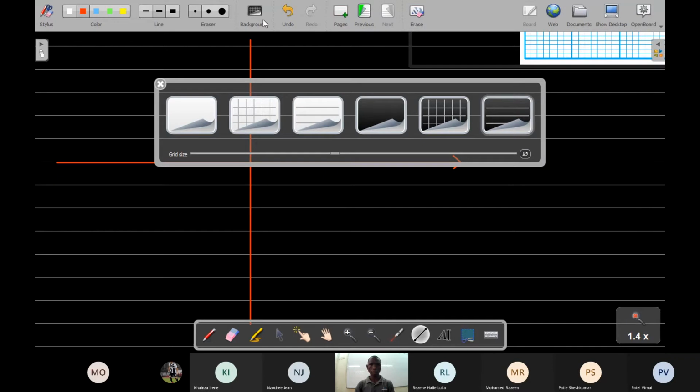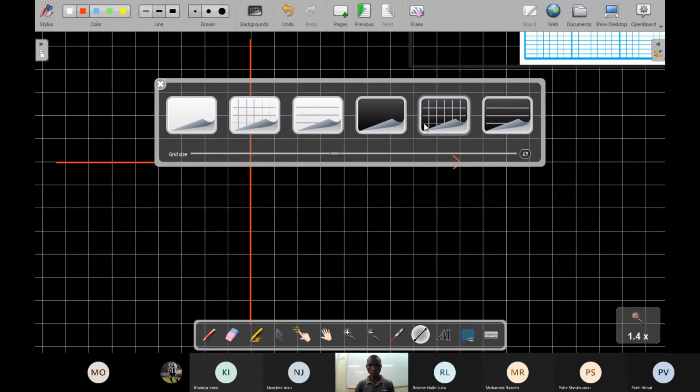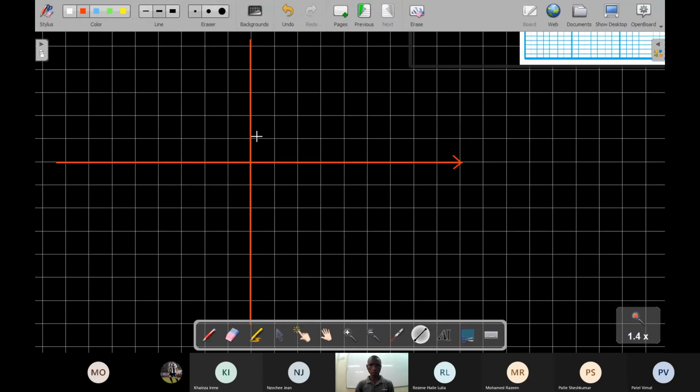By the way, I have even square lines here. Yeah, let me use these ones, this is better. Now this is our x-axis. This is the y-axis. Okay?